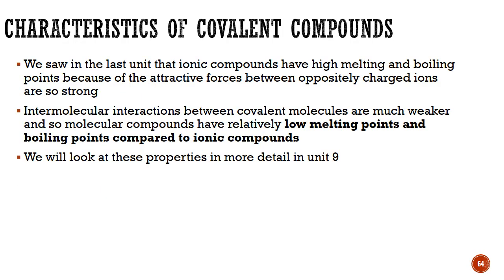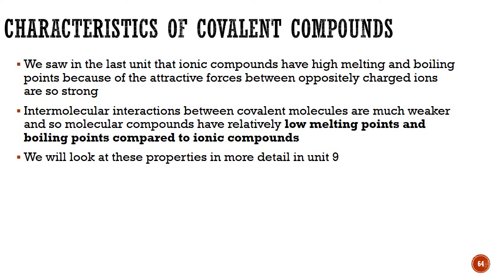We'll get more into this in the future, but the properties and characteristics of covalent compounds have a lot to do with what types of interactions they have between molecules. High melting points and boiling points are true of ionic compounds because they have very strong attractions. The same thing happens with covalent compounds.